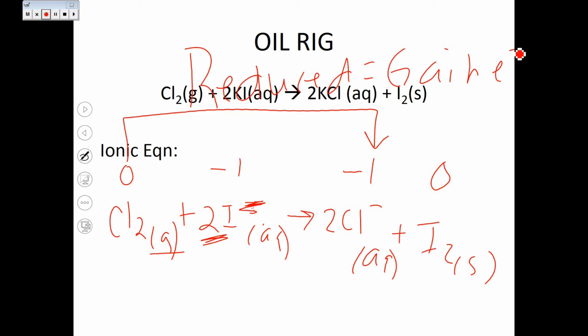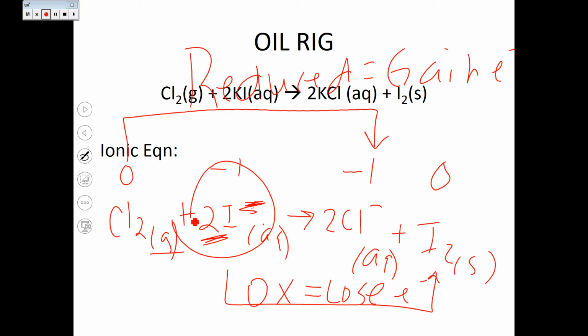Iodine is going from -1 up to 0, so its oxidation number is increasing, so it is being oxidized, so it is losing electrons. It's going to lose 2 electrons, and those 2 electrons are going to be picked up by the chlorine. So again, it has this sort of perfect relationship: the electrons lost by the I are going to be picked up by the chlorine to produce these products.